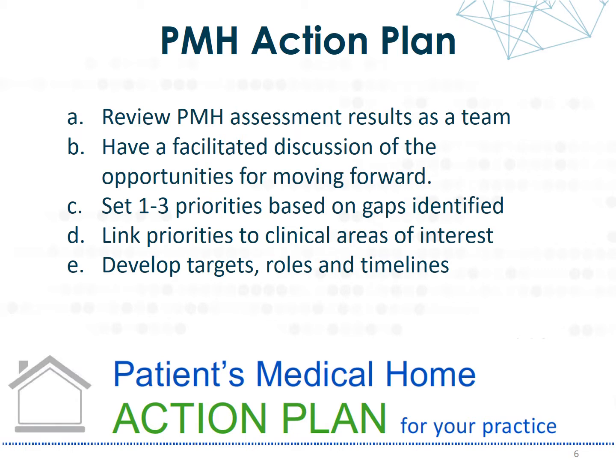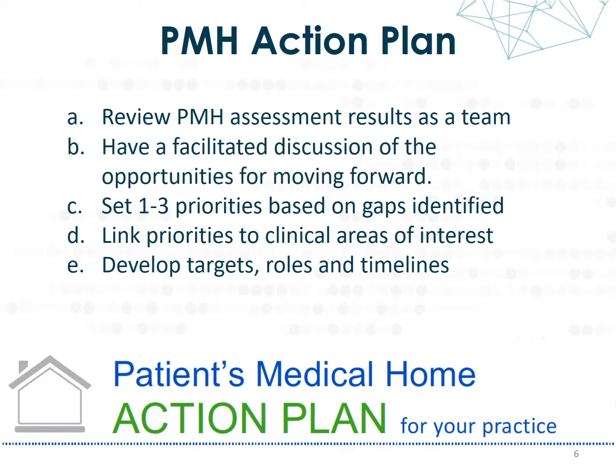So the end outcome, of course, is the development of an action plan. This comes about as the team reviews their assessment scores, and they look at areas in which they may have a strength and areas in which they really wish that they could be doing some focus work to improve their ratings.